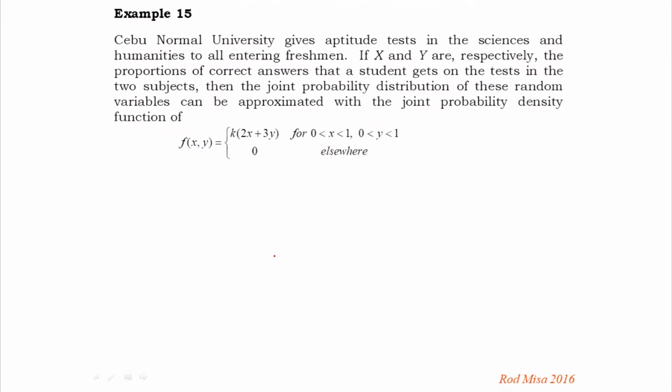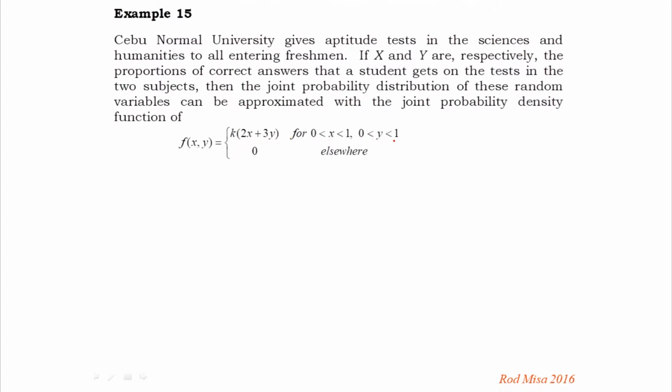Cebu Normal University gives an aptitude test in the sciences and humanities to all entering freshmen. If x and y are respectively the proportion of correct answers that a student gets on the test in the 2 subjects, then the joint probability distribution of these random variables can be approximated with the joint probability density function of k times the quantity of 2x plus 3y for random variable x from 0 to 1 and for the random variable y from 0 to 1 here.